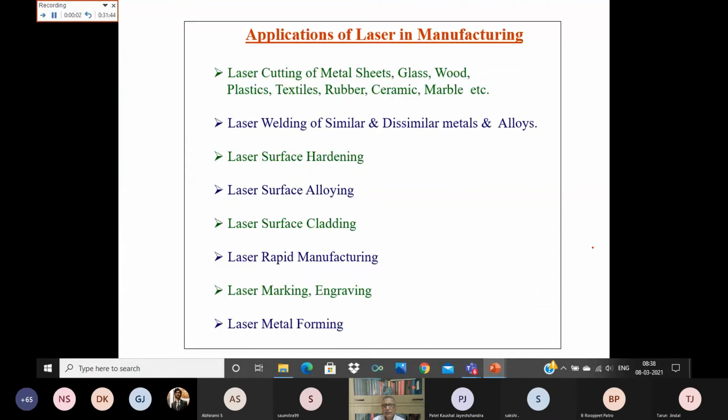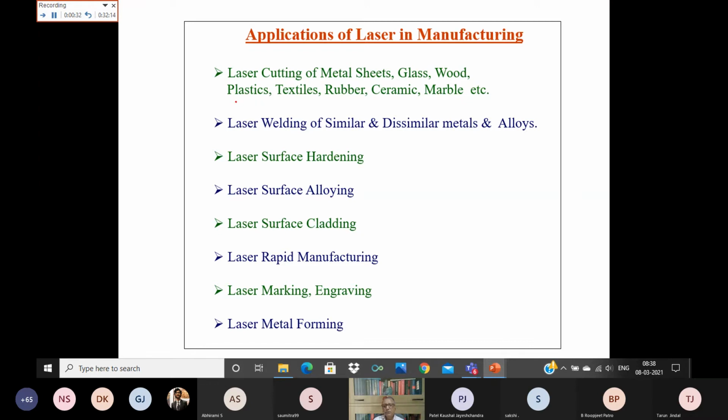So all these modalities have been written here. Here it is laser cutting of metal sheet, glass, wood, plastic, textile, rubber, ceramic, marble, all different types of material you can cut. You can also cut silicon wafers, semiconducting materials, even hard materials like diamond, okay, and silicon nitride or carbide material.